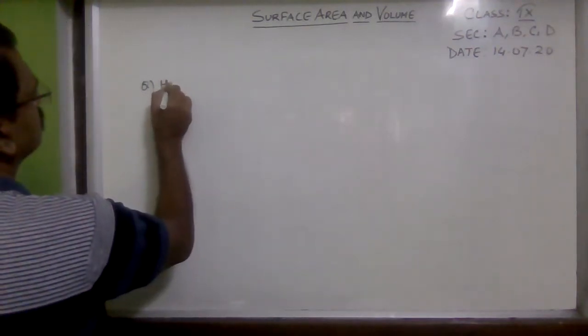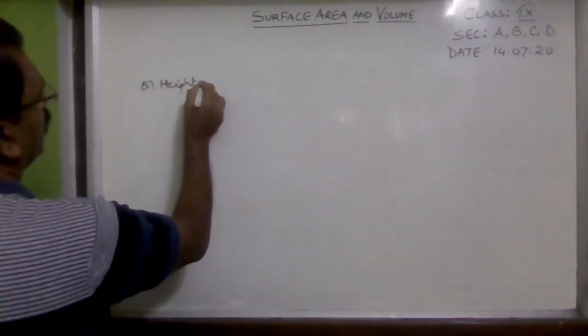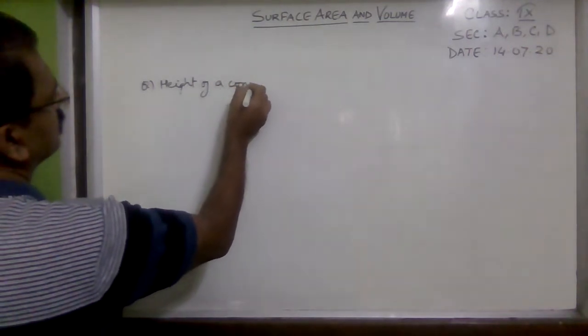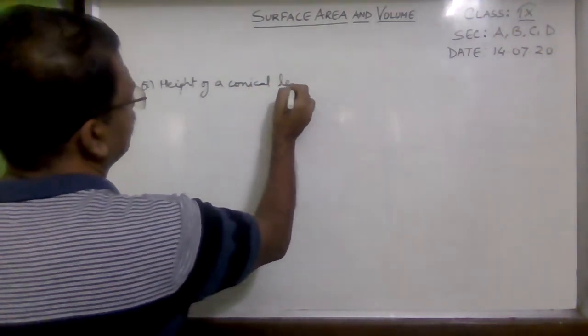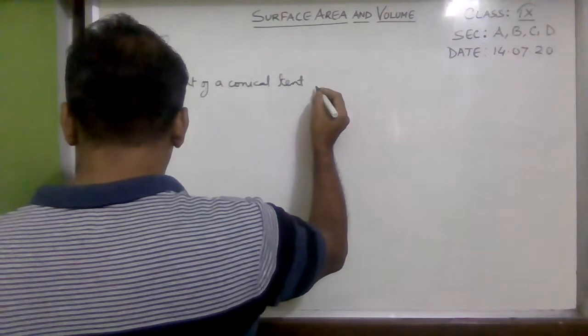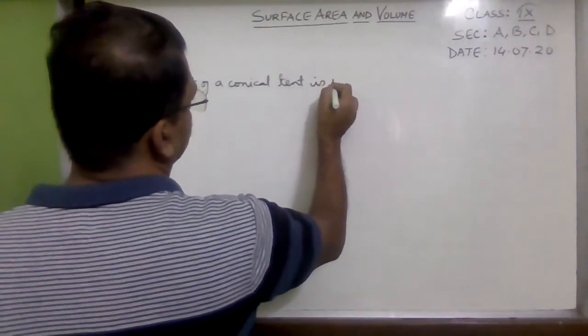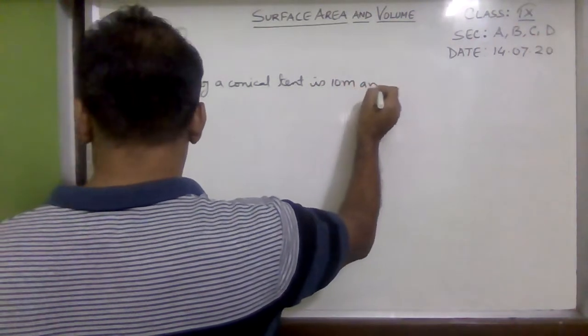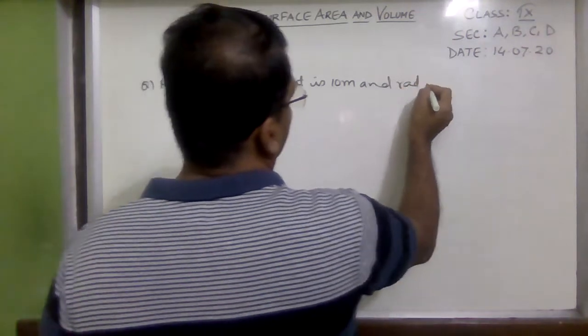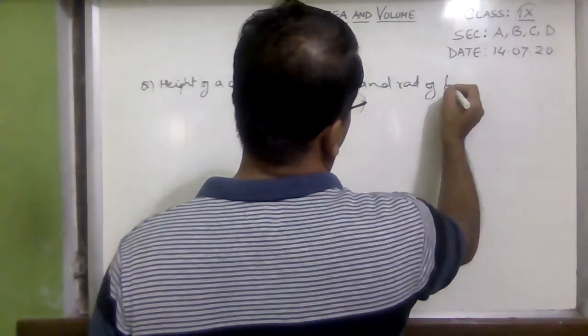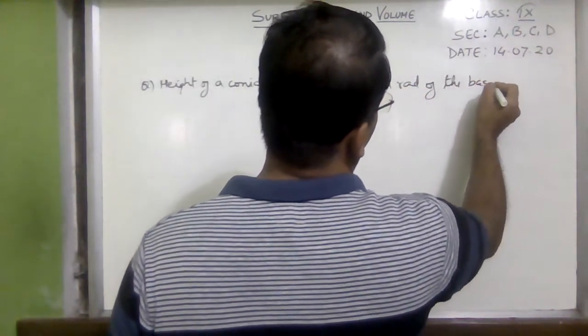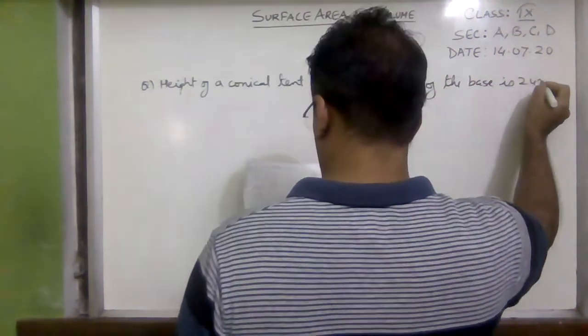Next question. Height of a conical tent is 10 meters and the radius of the base is 24 meters.